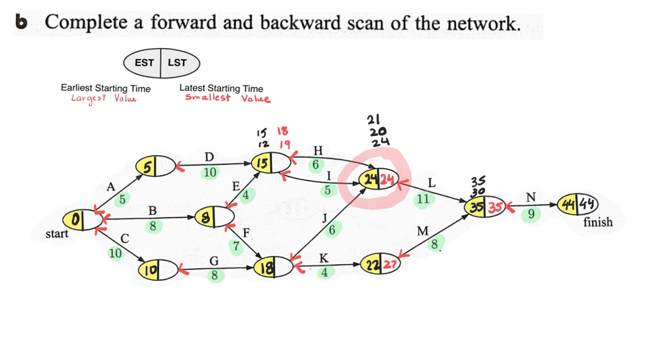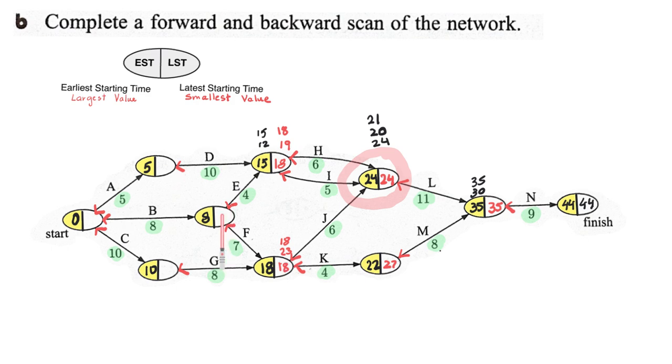And we're going to take the smallest value, which is 18. And we do the same thing for this node over here. 24 take away 6 is also 18. And 27 take away 4 is 23. So we will have 18 here.